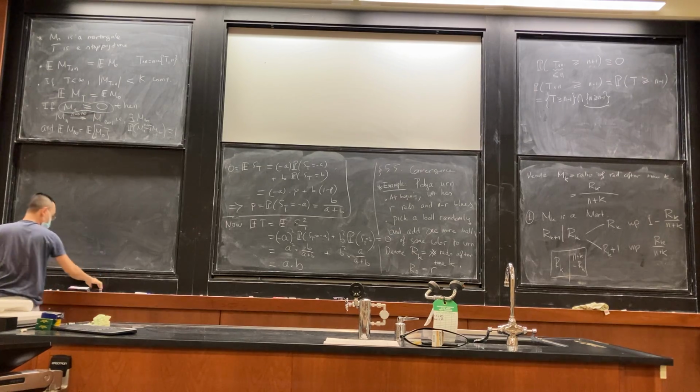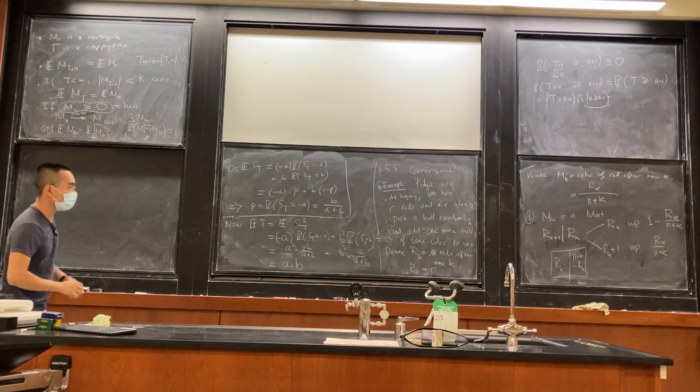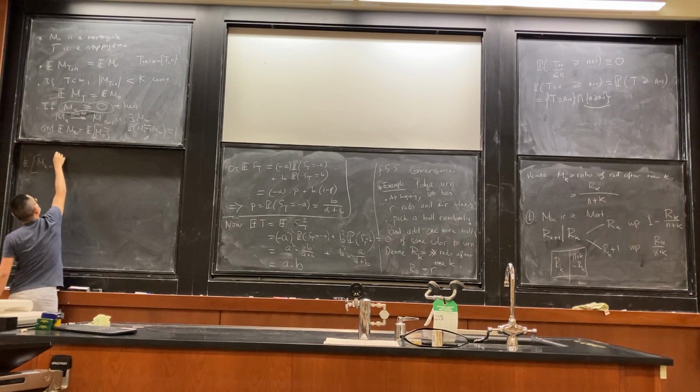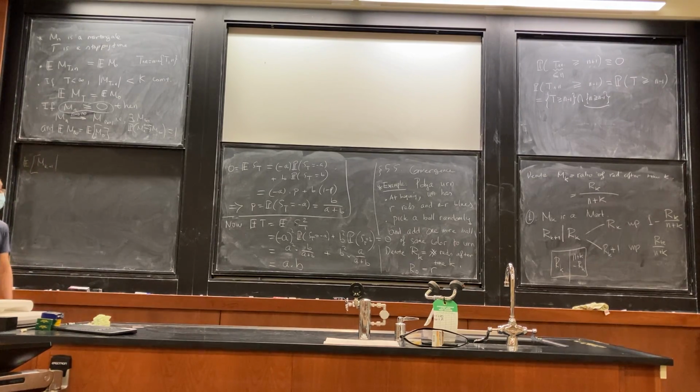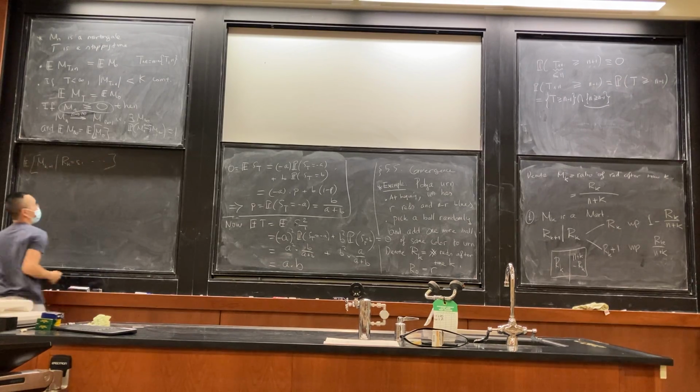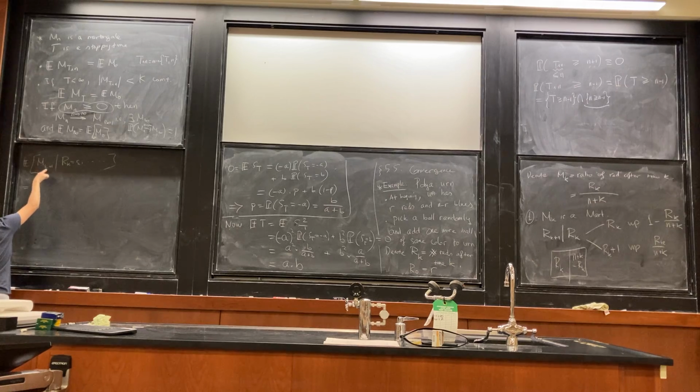So I guess there are a couple of ways to do this. Let me do the following. M_{k+1}, conditioned on the past. Let me call big R_k to be the little r_k.